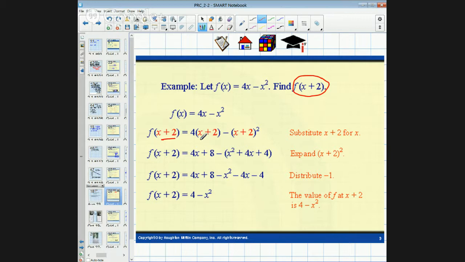Substitute. Wherever there's an x, you are now going to put an x plus 2. Then go ahead and carry out the algebra. And now it gets a little bit messier. You've got to do some of your basic algebra. So here, f of x plus 2 turns out to be 4 minus x squared.